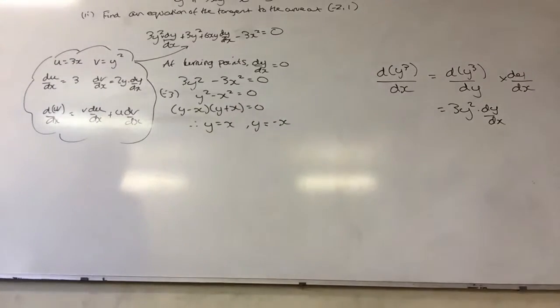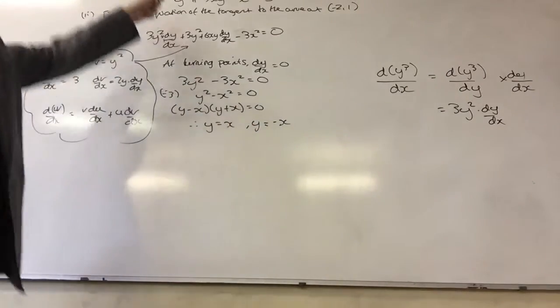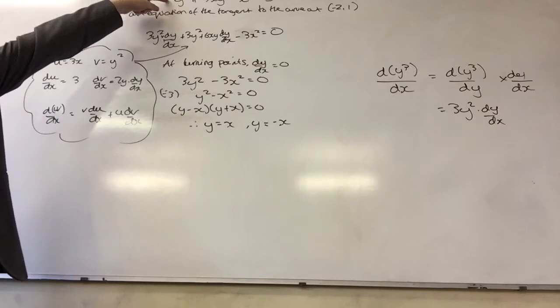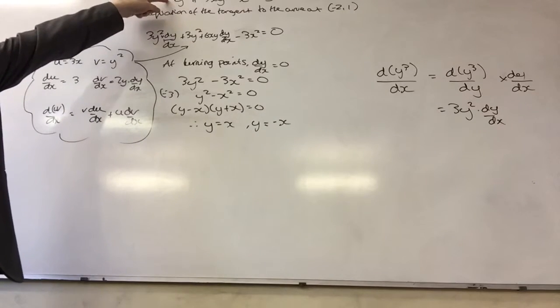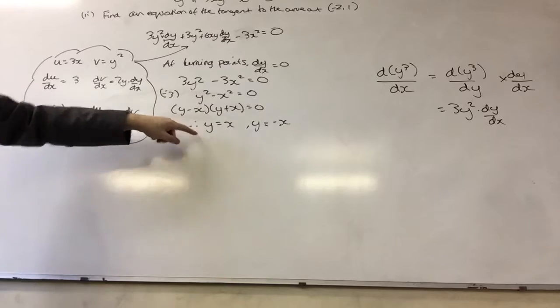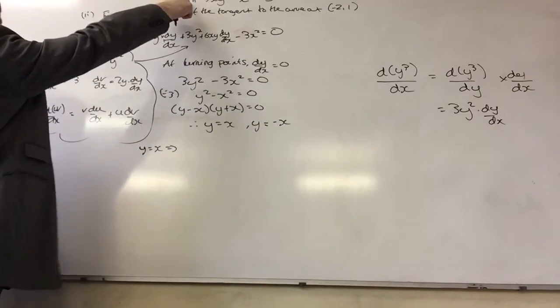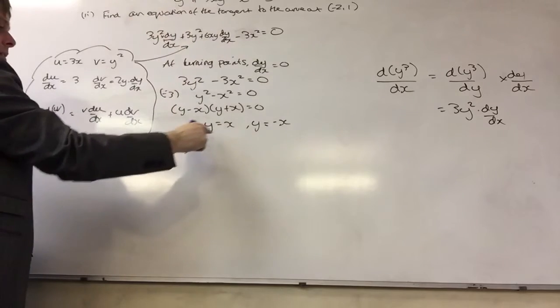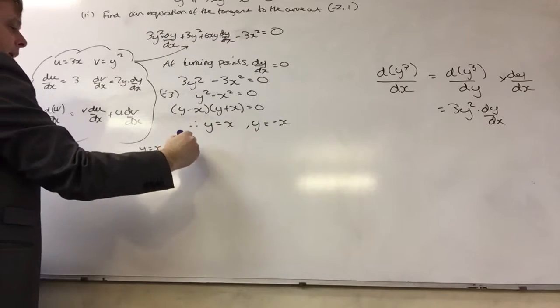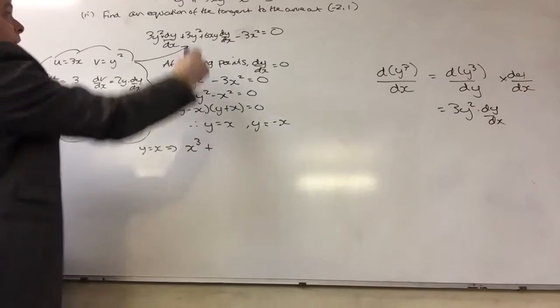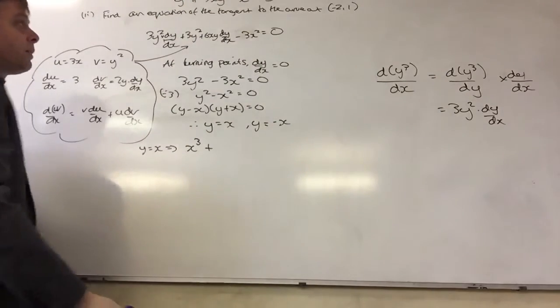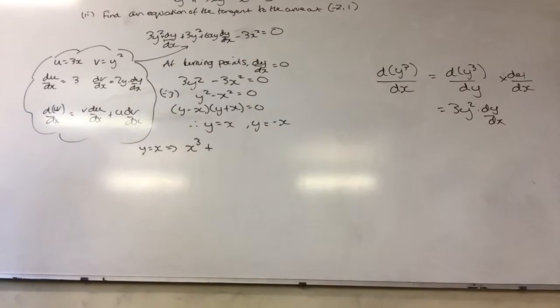So those two separate equations, I can now substitute into this one, and I should find out what my coordinates are. So for example, if I take y is equal to x first, and I substitute it into this equation, well, y cubed, if y is equal to x, then that's going to be x cubed, plus 3x times y squared, what's that going to be?